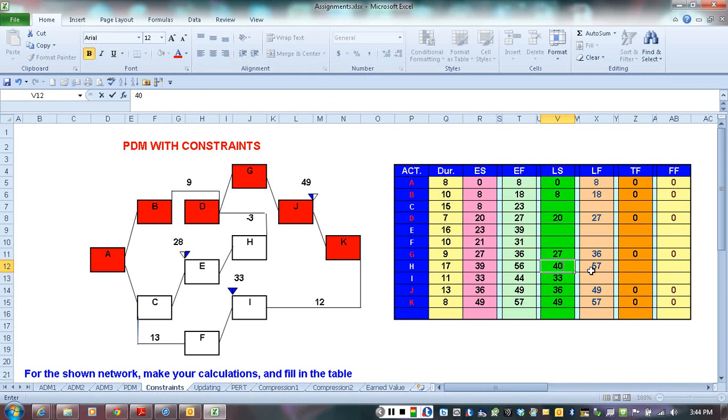Now just to make sure, let's look at activity D, because H was a successor to D. So if we have here 57 minus negative 3, that would be 60, but from G we have 27, so what we did was right. D is going to be critical. Now let's look at the total and free floats for activity H. It has a total float of 1, 57 minus 56.